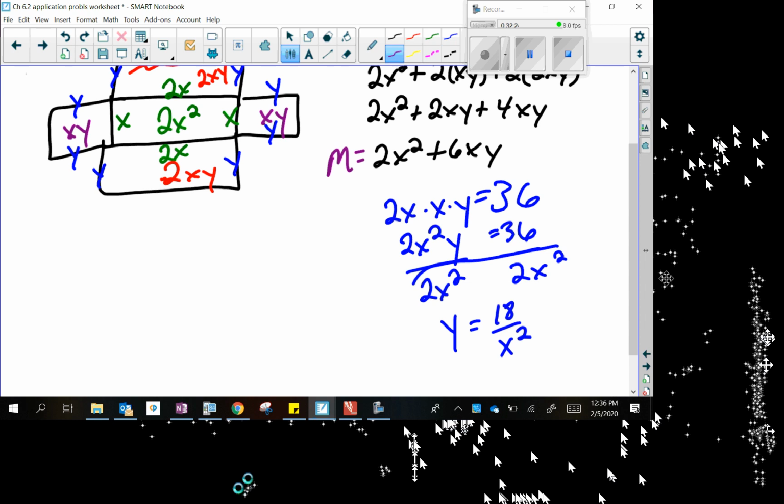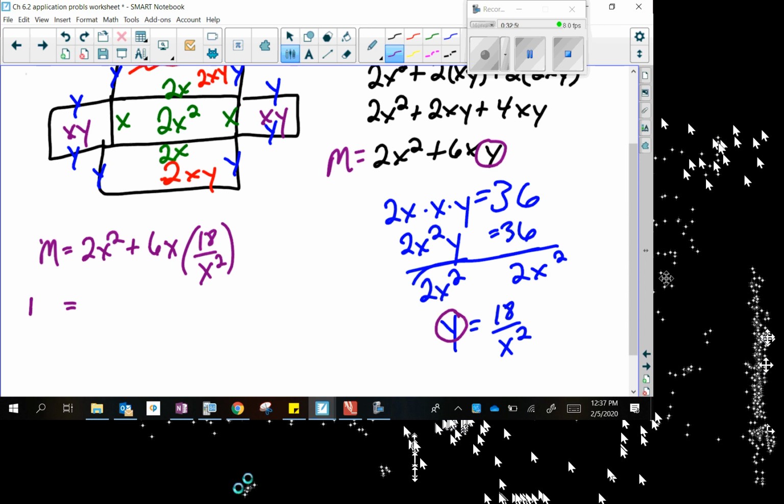So now what do we do? Right, substitute it. We take this y and put it in for this one. So now our minimized equation becomes 2x squared plus 6x times 18 over x squared. And I highly recommend showing it like I do. I'm not trying to combine anything right now. I'm purely just taking one equation and substituting in the value in the next one, okay?